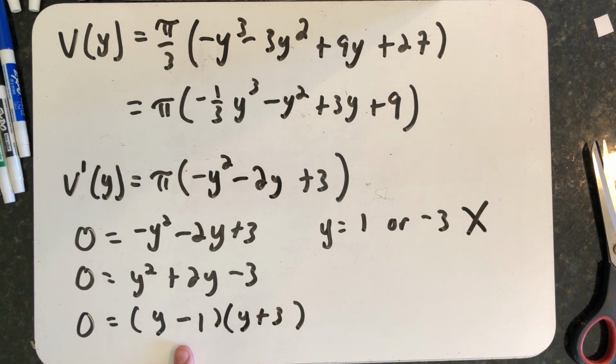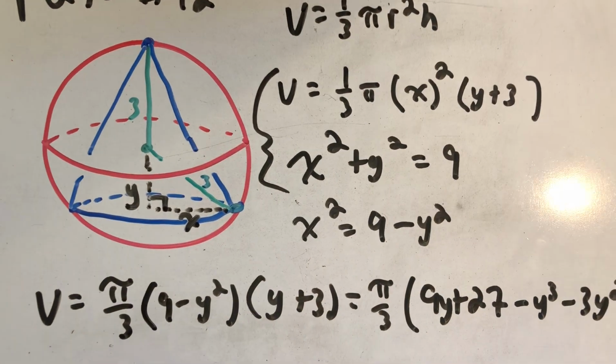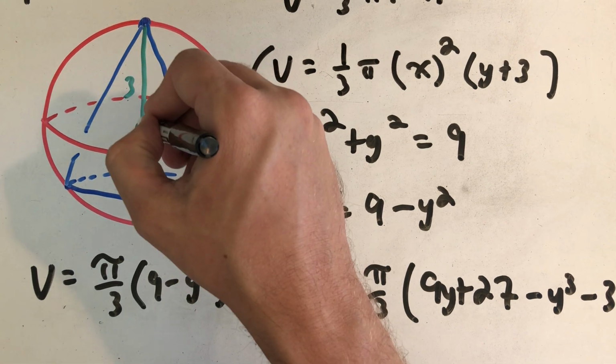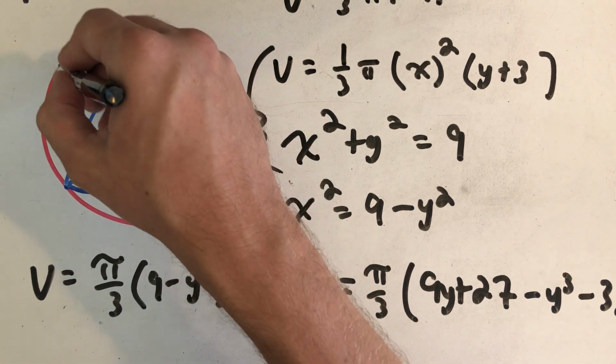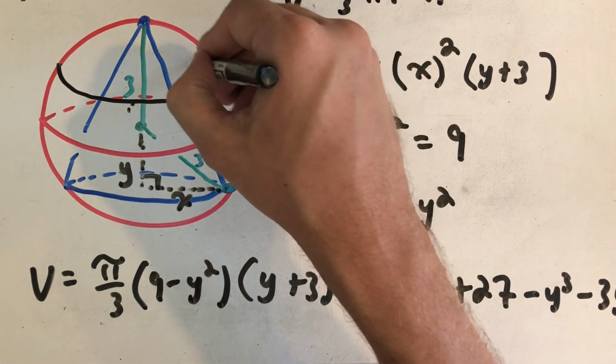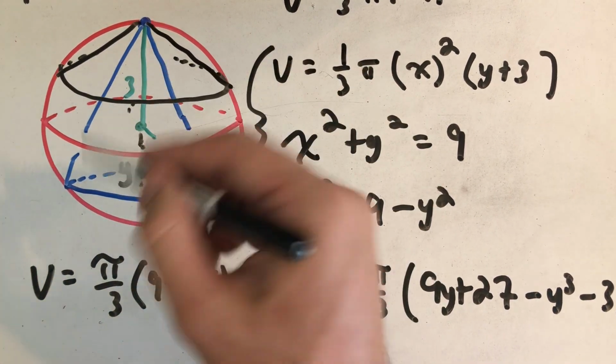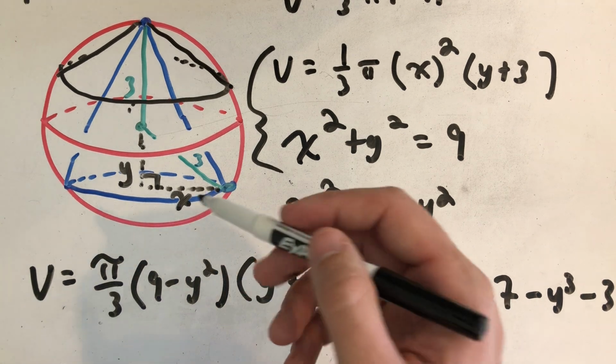Well, I'm pretty sure y shouldn't be minus 3. Let's go back to our original diagram. So I don't have a problem with y being negative, because that would just mean above the center, right? Maybe there's a weird looking cone that would look like this, right? Above the center, and then y would be a negative value.